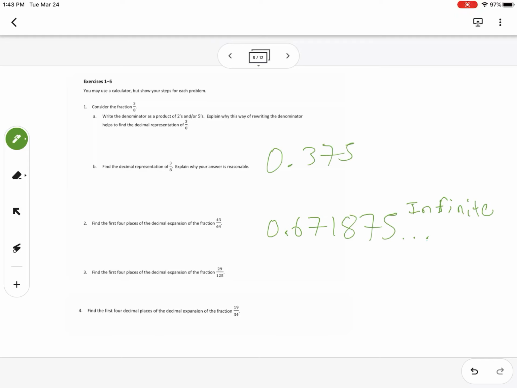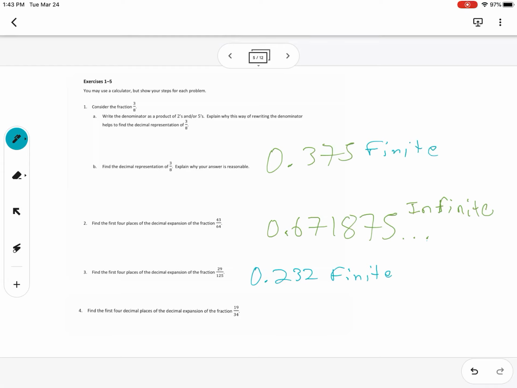All right, the next 29 divided by 125. Let me use a different color here. 0.232. It terminated, it stopped, so it's finite. I'll write that up here.